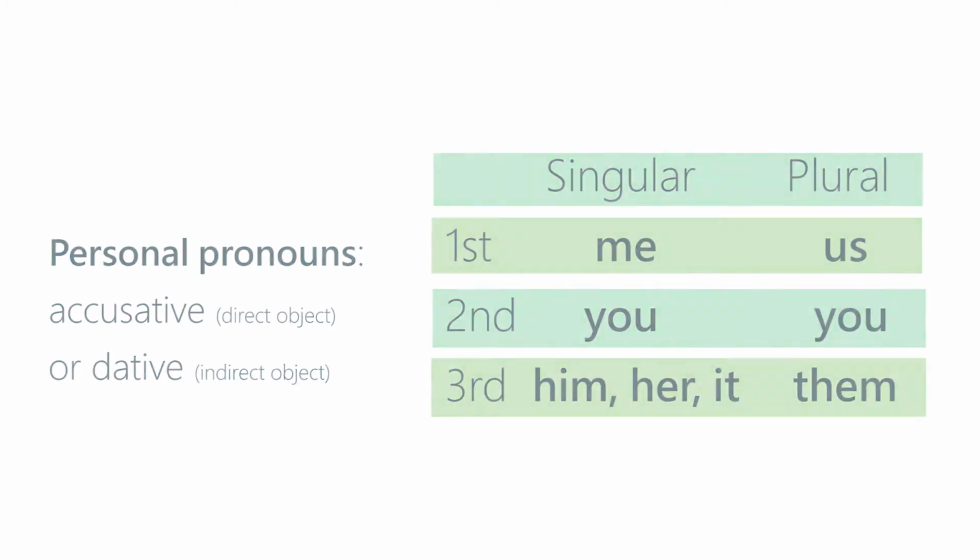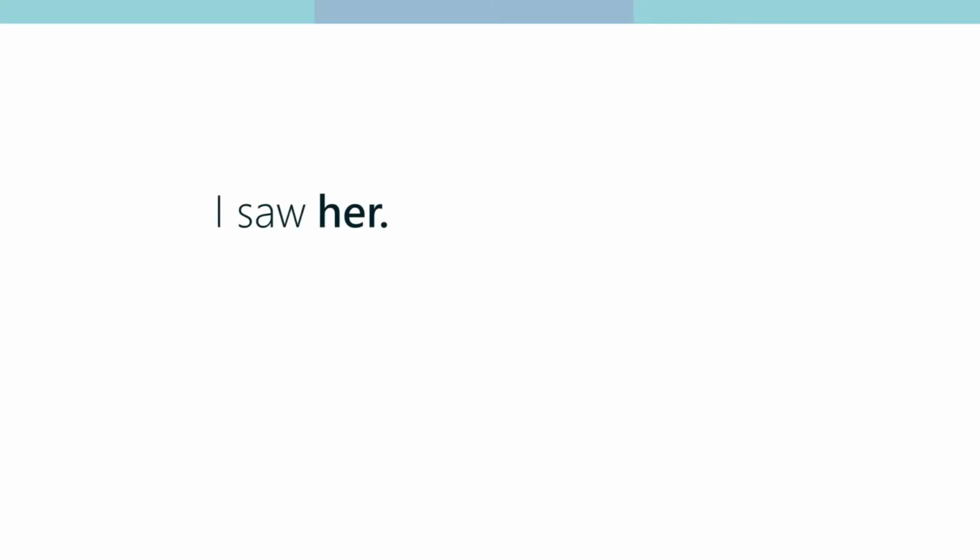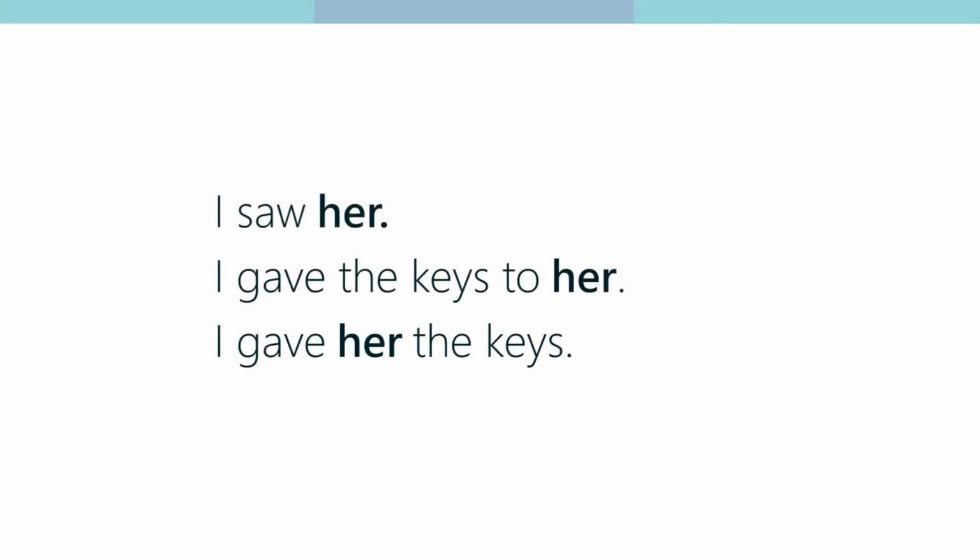An example, I saw her, or, so this is accusative, this is dative. But both of them can be merged as objects. So whether it's accusative or dative in English, it doesn't make a difference. But if you go to a different language like German, it does make a difference.